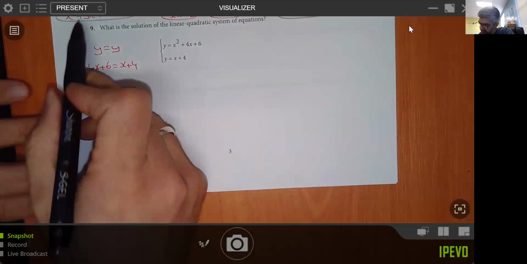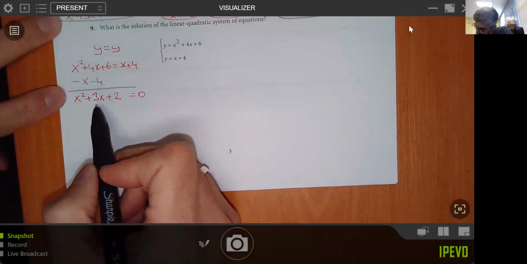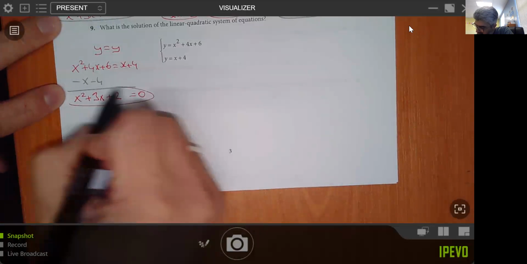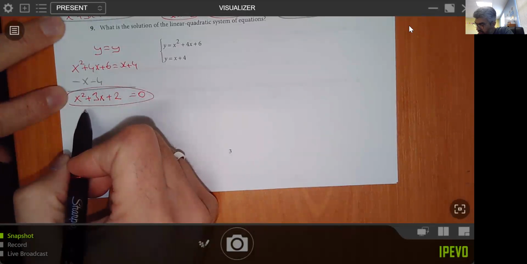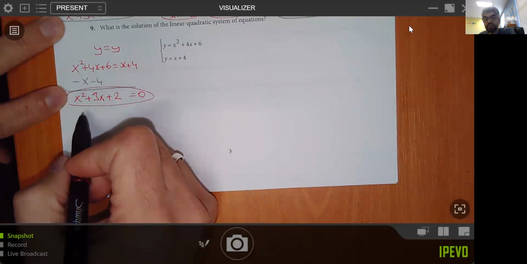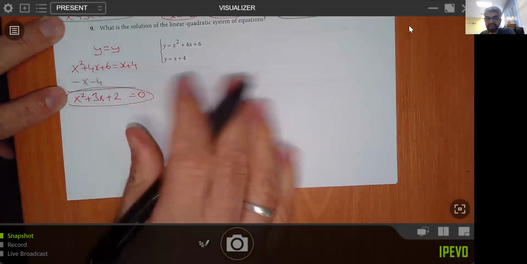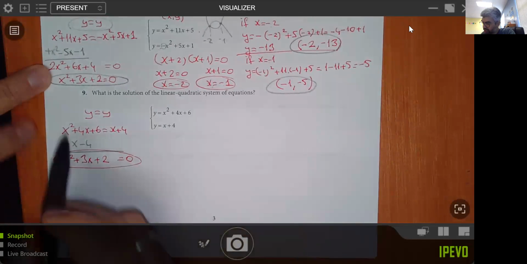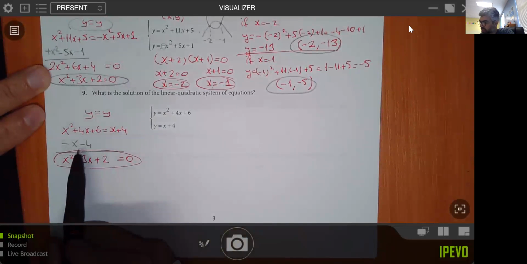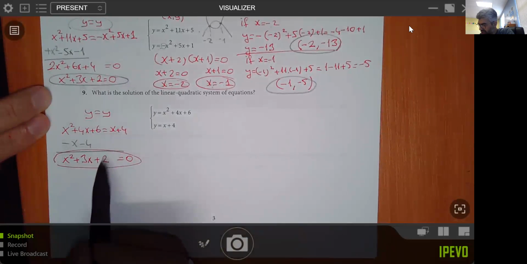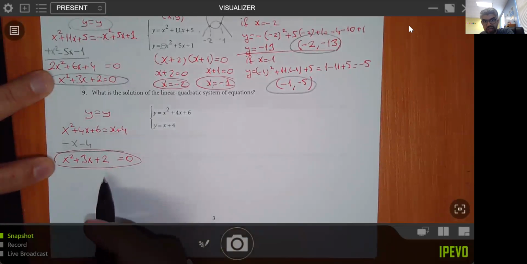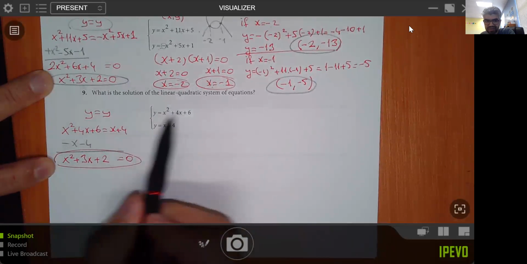Hey, we have the same equation here, x squared plus 3x plus 2. Okay. Do we have the same answers? Look, you see, x squared plus 3x plus 2, x squared plus 3x plus 2. Well, we have the same x values, not the same y values, since our functions are different, okay?